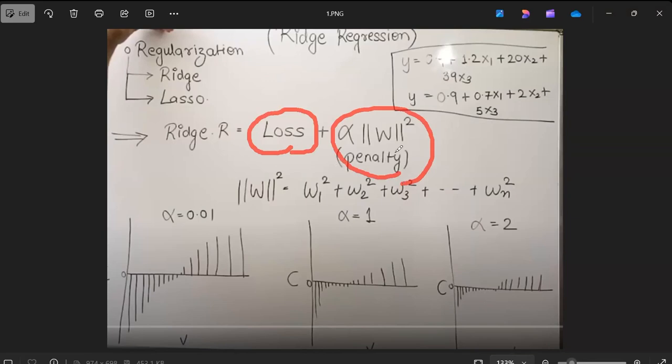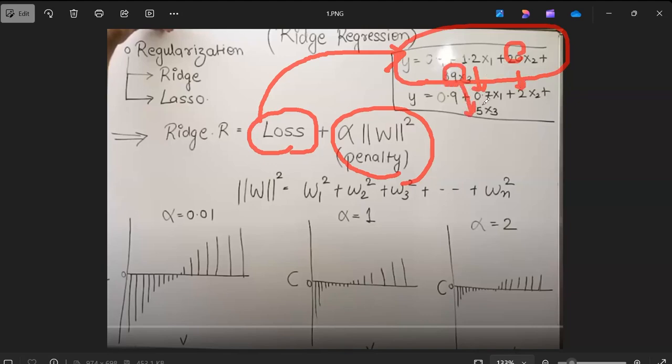When you apply the ridge regression equation, 1.2 is scaled down to 0.7, 20 is scaled down to 2, and 39 is scaled down to 5.